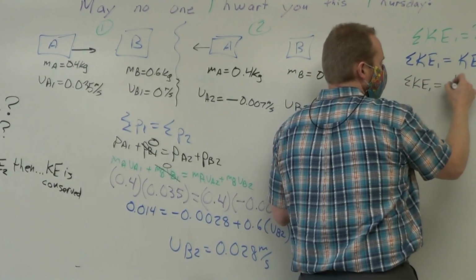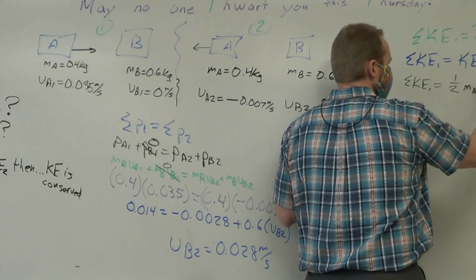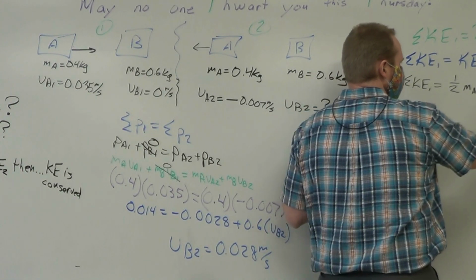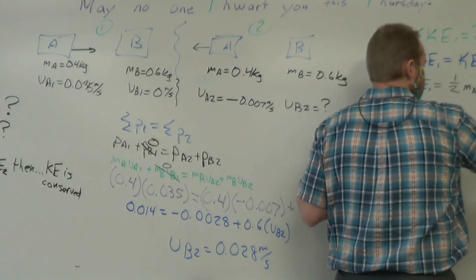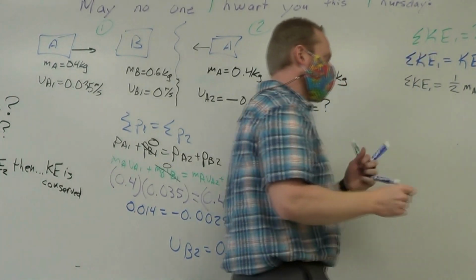Kinetic energy is 1/2 m VA1 squared, 1/2 mv squared, plus 1/2 m VB1 squared, 1/2 mv squared.